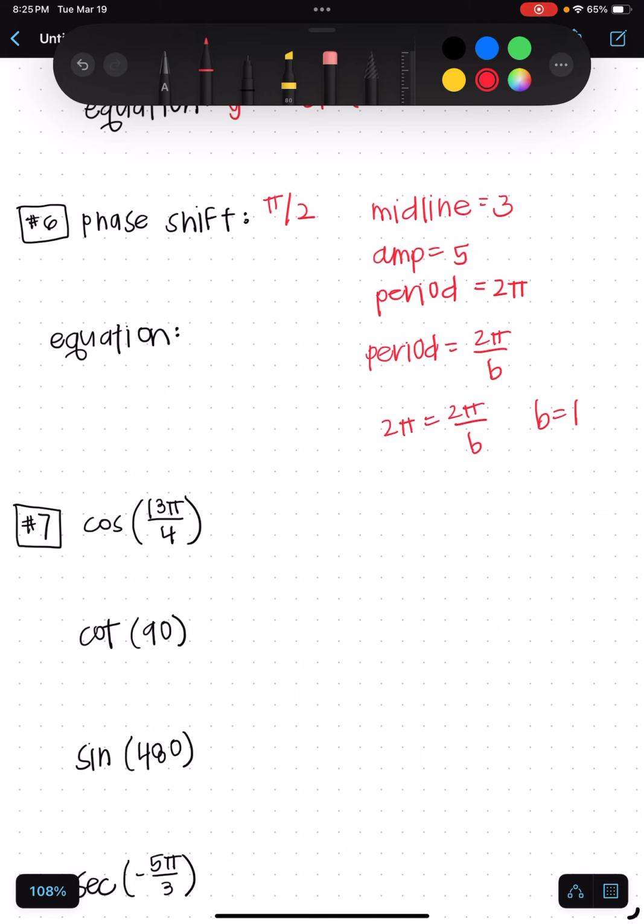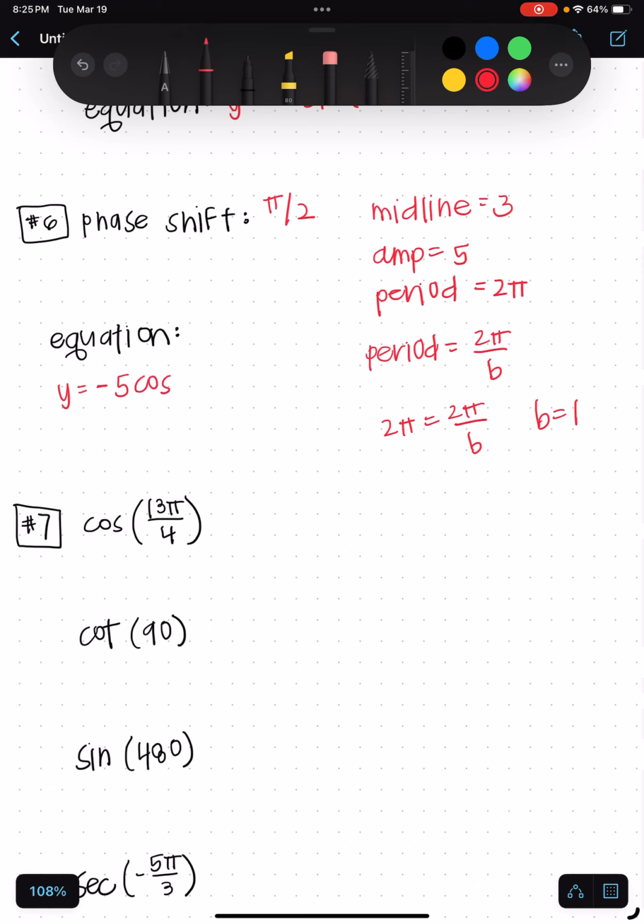The only other thing that I wanted to show you is that because you start at the bottom rather than the top, oh no, wait, I lied. Let me think of that. No, but yeah, because you started at the bottom rather than the top, the equation has to be negative in the front. So our equation is going to be y is equal to negative, and then your amplitude, so 5.